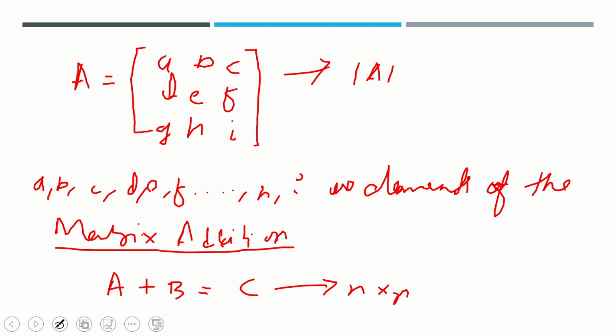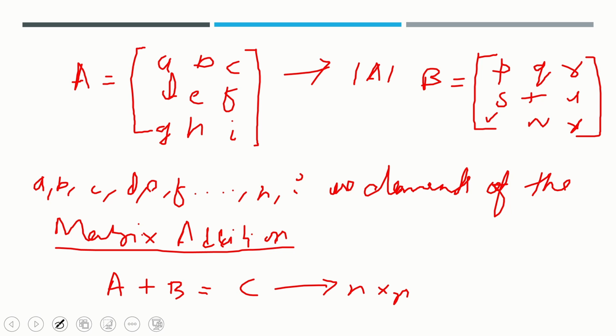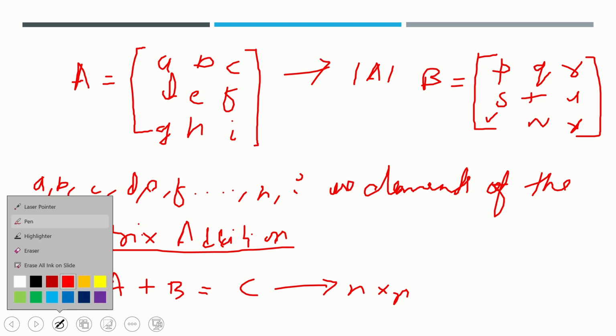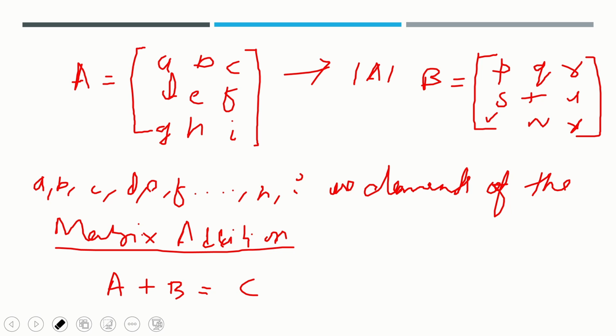So suppose B is another matrix, with entries P, Q, R, S, T, U, V, W, X. What will be A plus B?